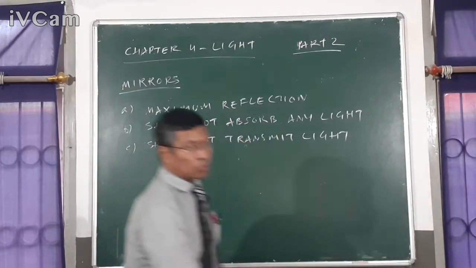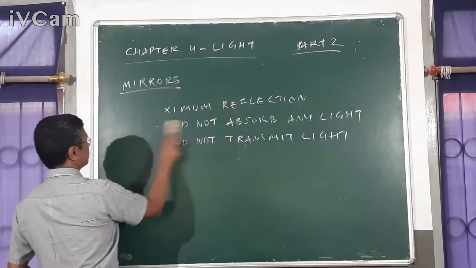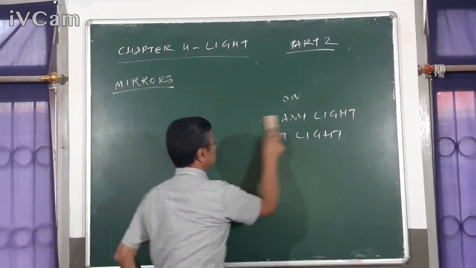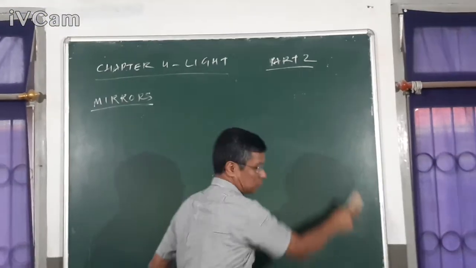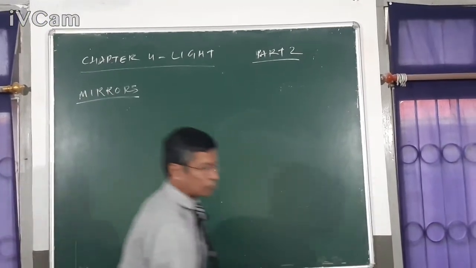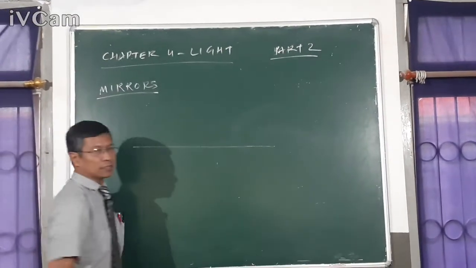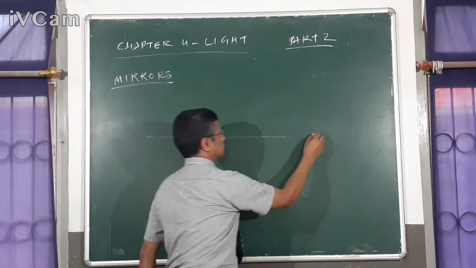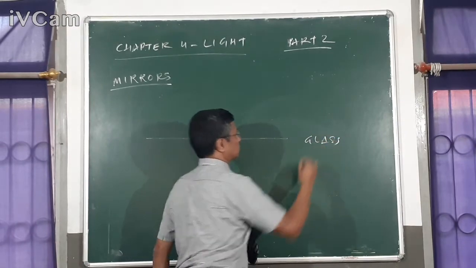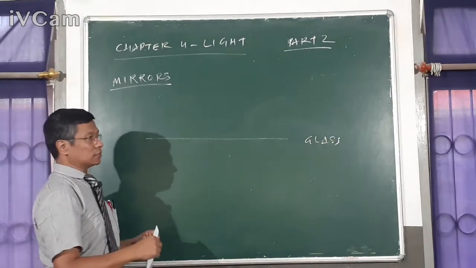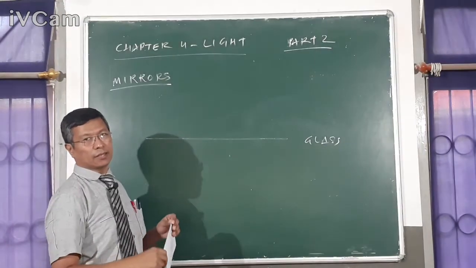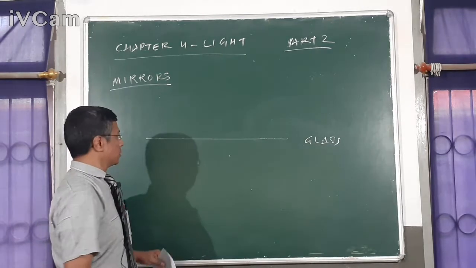Now, let us talk about how a mirror is constructed. A mirror is made of a plain sheet of glass. As you know, glass is normally used in windows and light easily passes through.